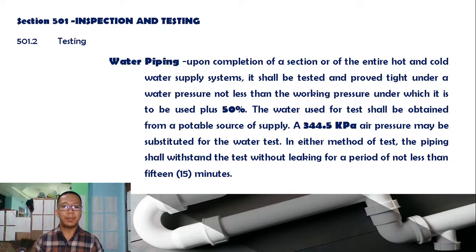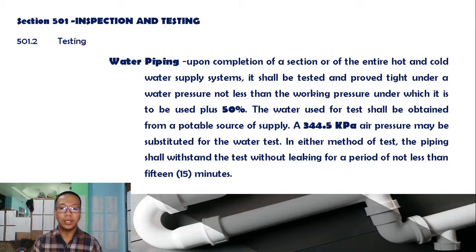Next is the water piping. Upon completion of a section or the entire hot and cold water supply systems, it shall be tested and proved tight under a water pressure not less than the working pressure under which it is to be used plus 50%.